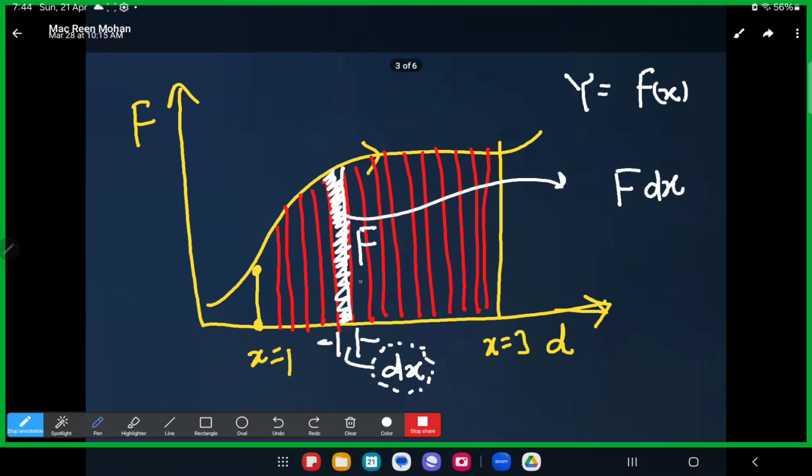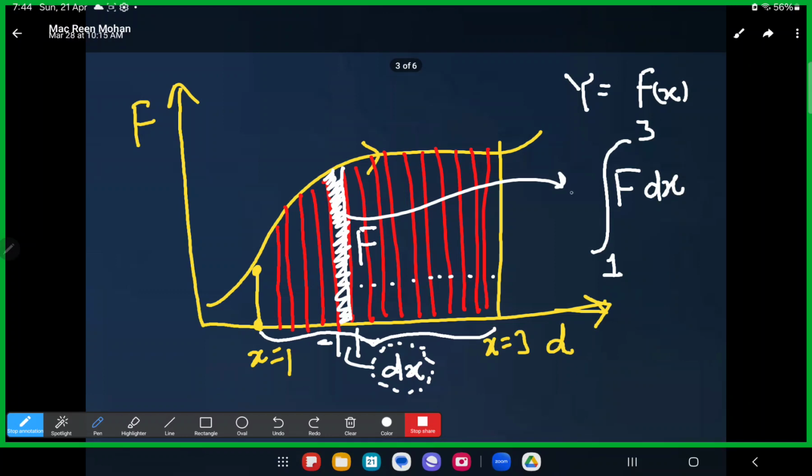Now I have to calculate all those nearby strips, and for the sake of addition I will use this term that is called integration. And next important, once we have taken the limit from 1 to 3, that means we are covering all the area in between 1 and 3.